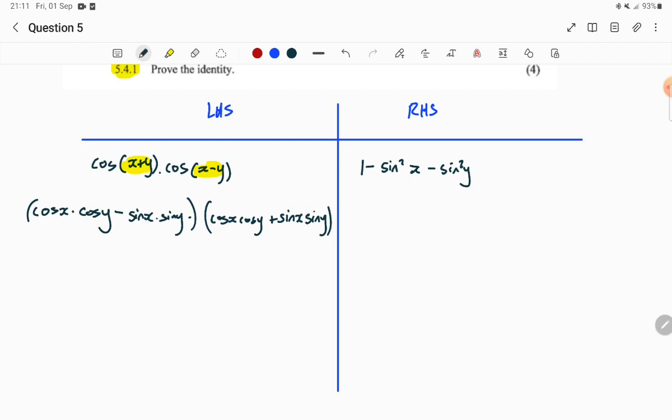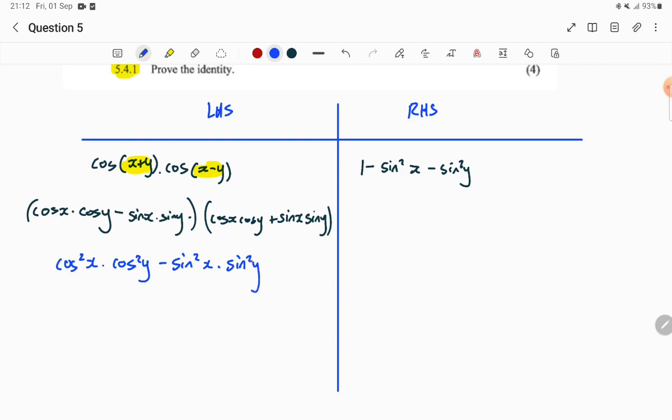After we do that, we can FOIL these two brackets, and this is a difference of two squares, so we end up with cos²x cos²y − sin²x sin²y.